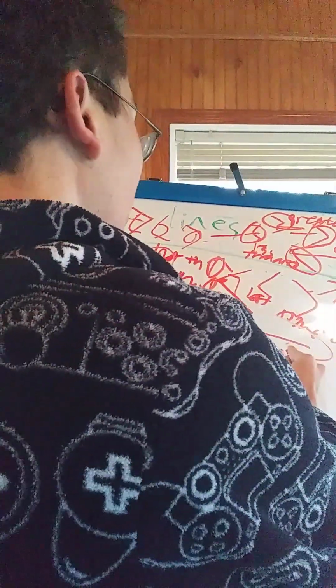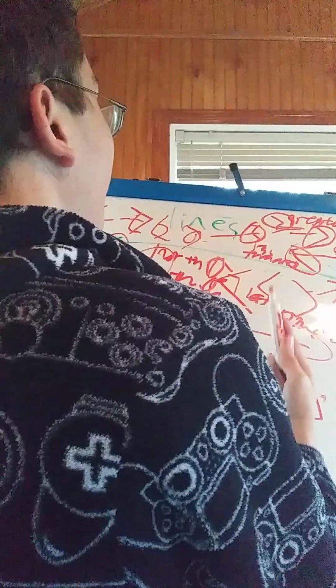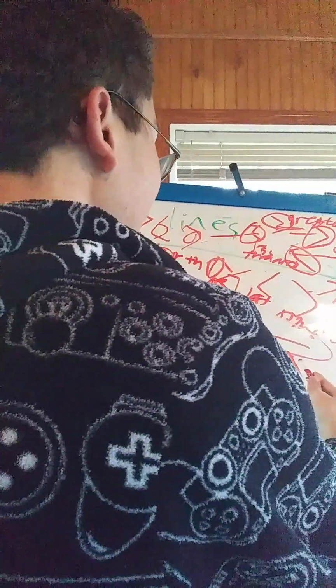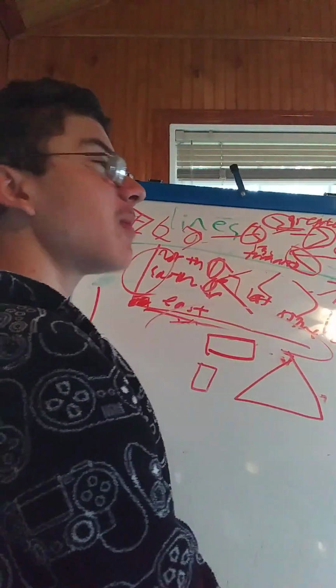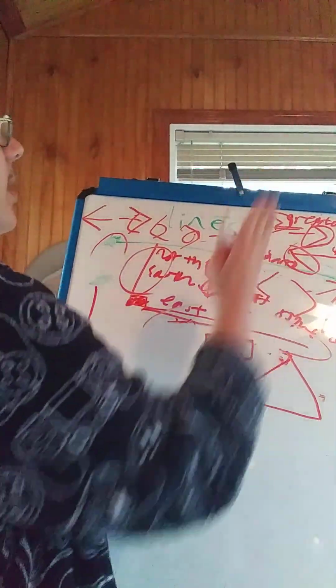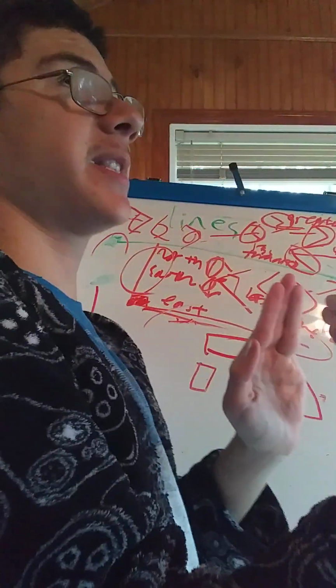Northeast to southwest, northwest to southeast. Okay, so there's a bottom base, but then we have 2 slants. A lot of houses have the triangular shape on the rooftop, on the shape of the house outside.